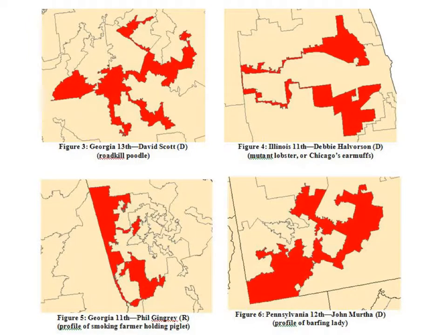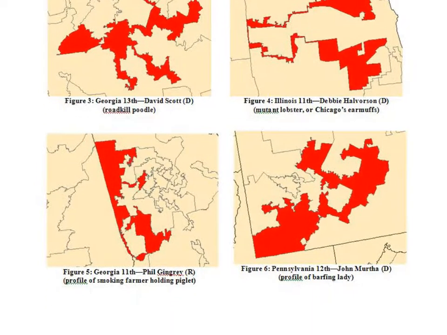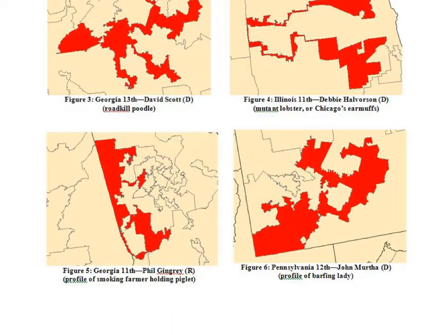We can see in Georgia, the 13th district, and I like that they compare it to the roadkill puddle. So we see it looks like something that you would find in roadkill. The Illinois 11th here is the mutant lobster. We look at these bottom ones. We see the Georgia 11th, the profile of a smoking farmer holding a piglet. And I think you've got to stretch your imagination for that one.